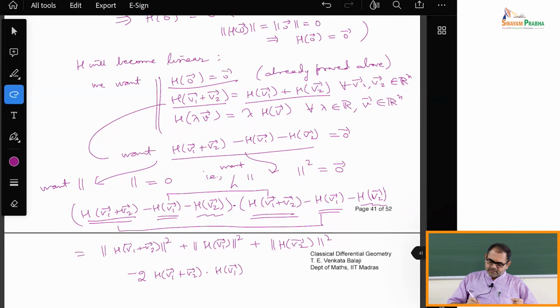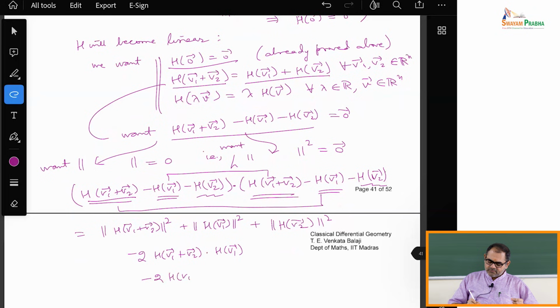Then similarly, I'll get a minus 2 H(V1 plus V2) dot HV2. And then I will also get a plus 2 HV1 dot HV2, that is with minus HV1 in one term dotted with the minus HV2 in the other term. So this is what I'm going to get.